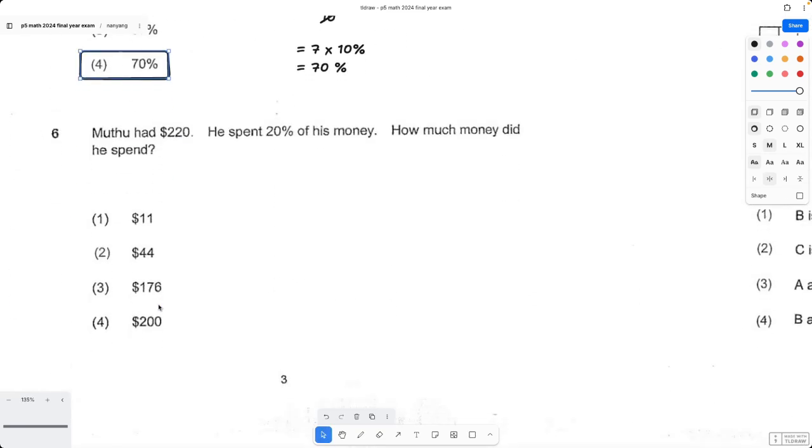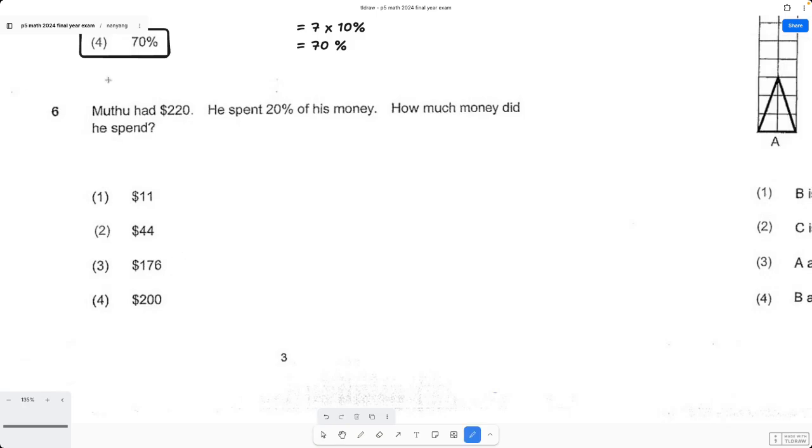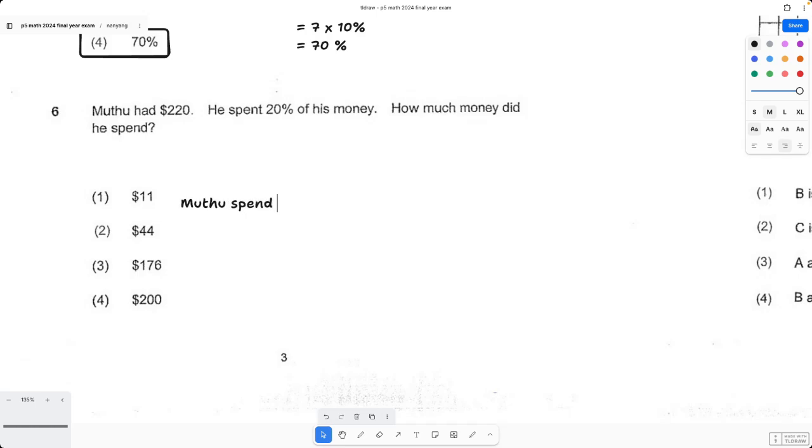All right, let's move on to question number 6. Mutu had $220. He spent 80% of his money. How much money did he spend? So Mutu spent 20%. I'm just going to put 20% here.